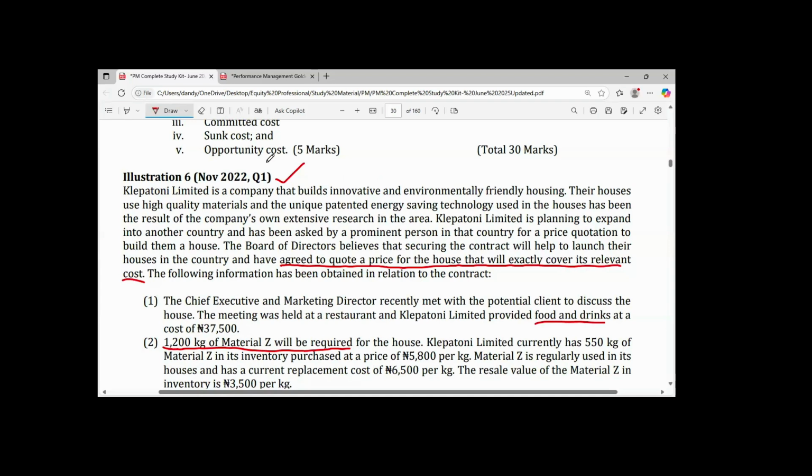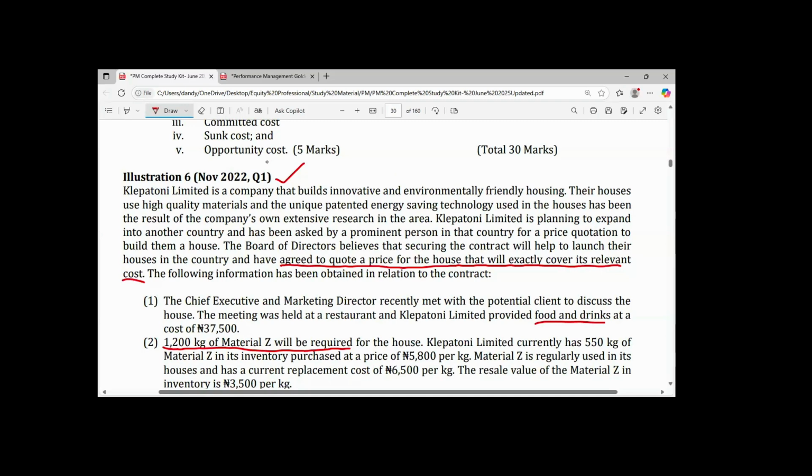You will recall when I was explaining this principle, I mentioned specifically that there are exemptives that you need to take into consideration. One of the exemptives is that when you are asked to cost a project or prepare a minimum price, what the examiner is simply asking you is to determine relevant cost.